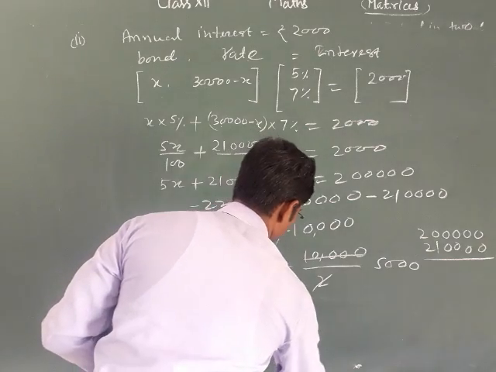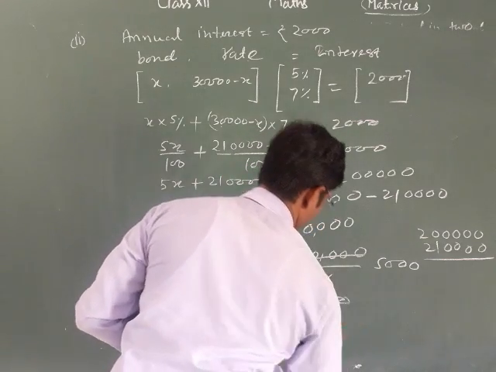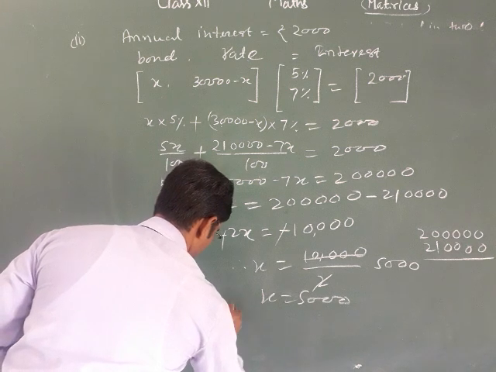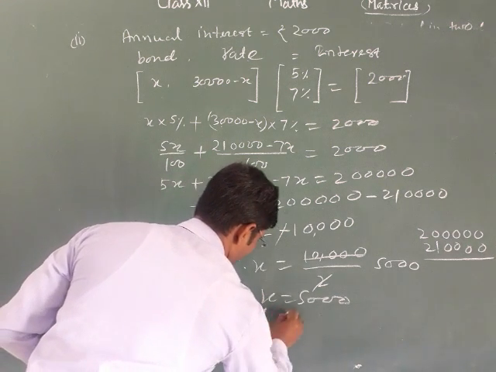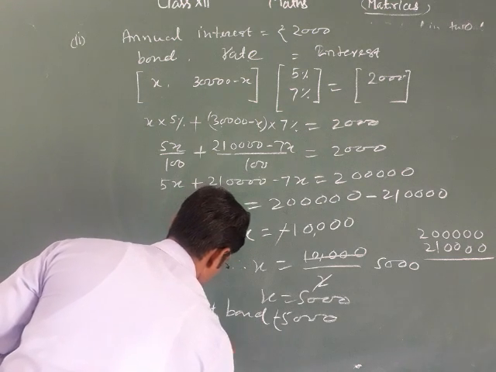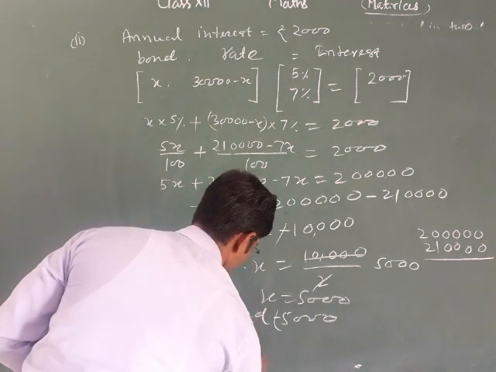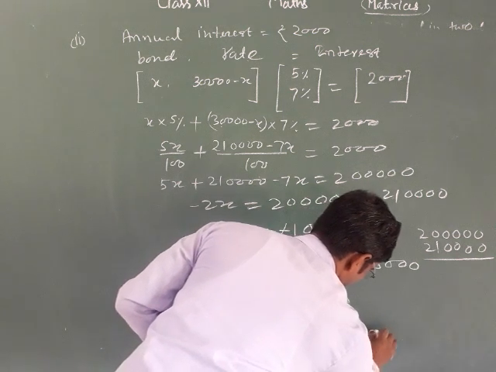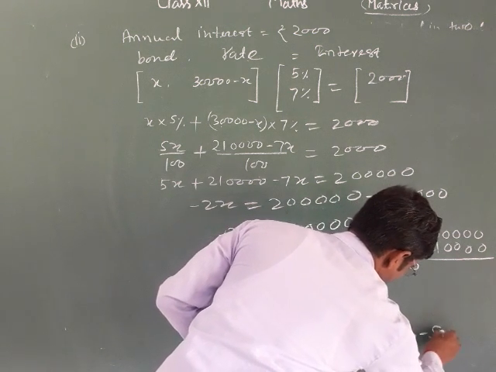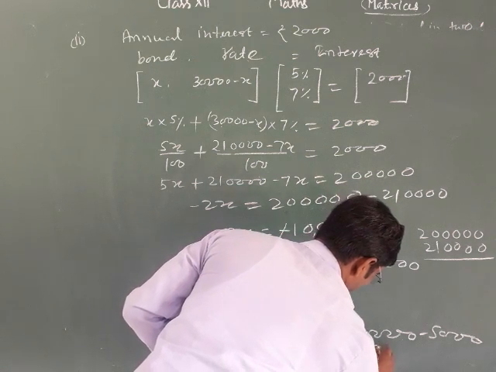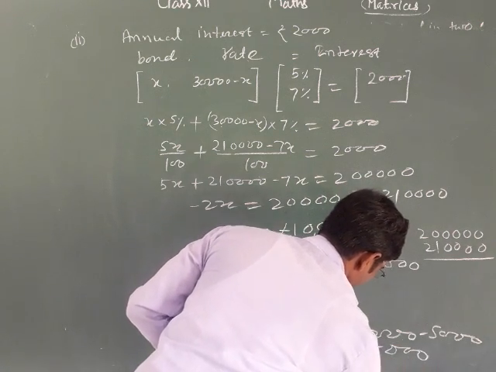So x is equal to 5,000, the first bond is 5,000, and the second bond is 30,000 minus 5,000, which is equal to 25,000.